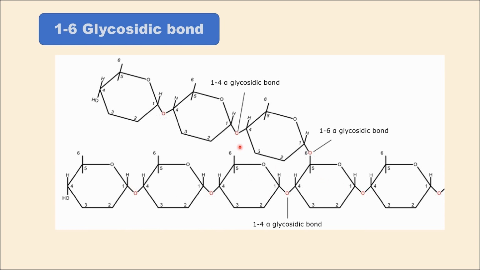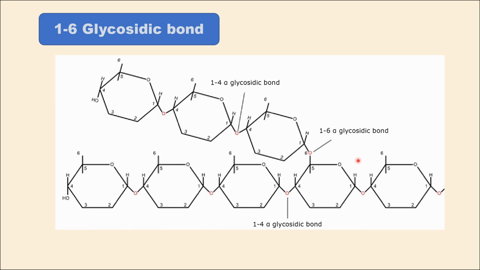In contrast, when we refer to a 1,6-alpha-glycosidic bond, we are talking about branching within the polysaccharide structure. This bond occurs between the first carbon of one glucose molecule and the sixth carbon of another. And this branching is important because it adds complexity and variation to the polysaccharide structure.